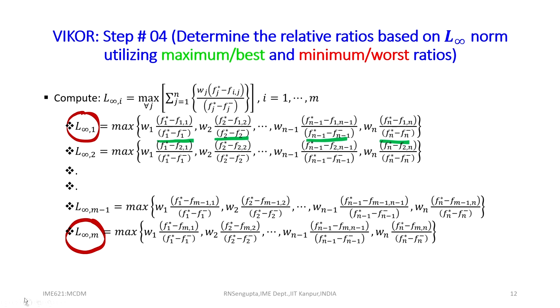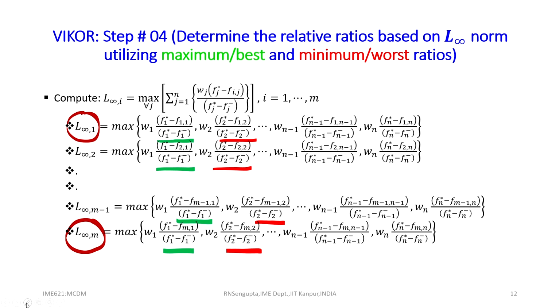So, actually the coloring scheme would make it much clearer. This is for the first criterion, the green one in the denominator. If I use the red one, these are for the second criterion.